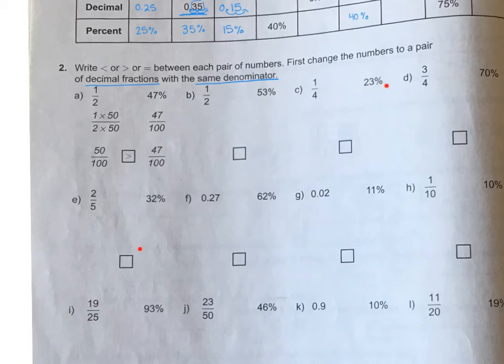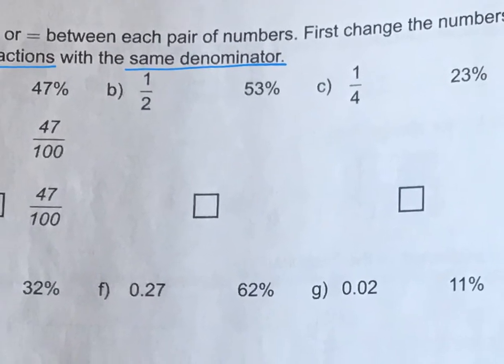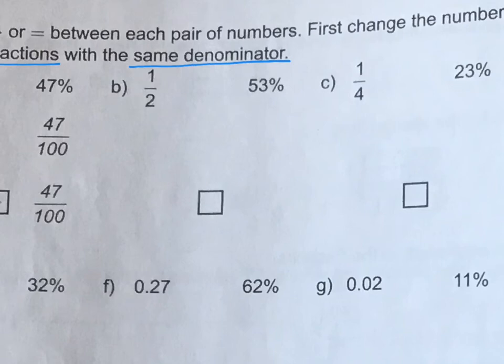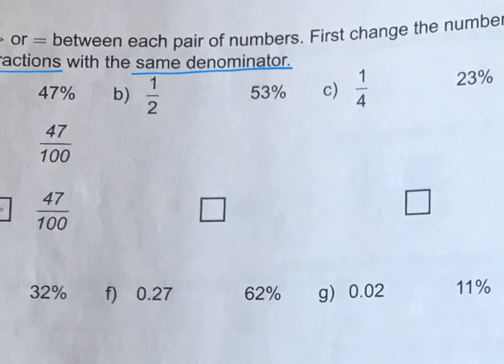We're going to try question B together. So 53% as a fraction. It's 53 out of 100, which means we need to turn our 1/2 into a fraction out of 100.